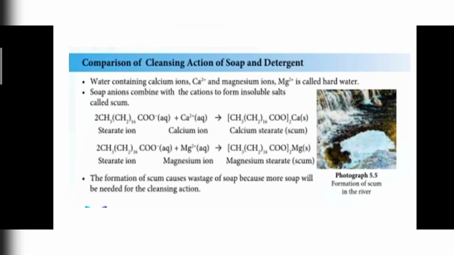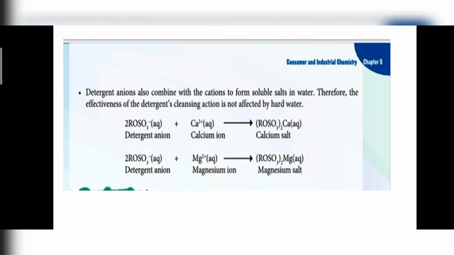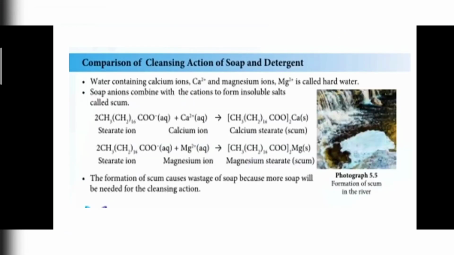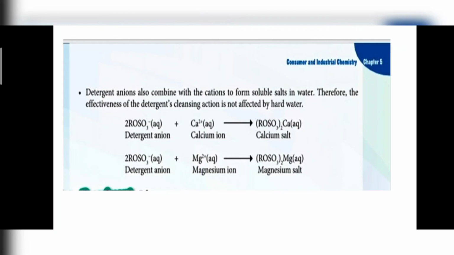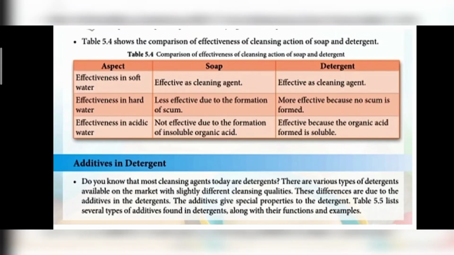Kalau soap, dia tidak berapa efektif kalau guna hard water, tetapi kalau detergent tidak ada masalah. Walaupun dia guna hard water, tidak ada masalah. Tidak ada scum yang terhasil. Okay. So this table show the comparisons of effectiveness of cleansing action of soap and detergent.